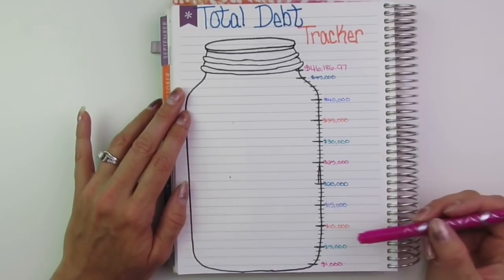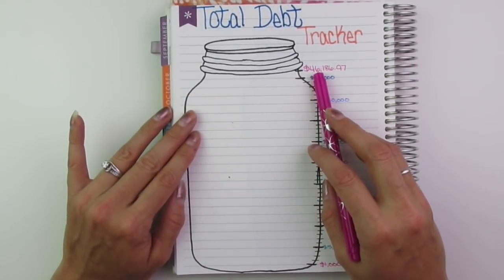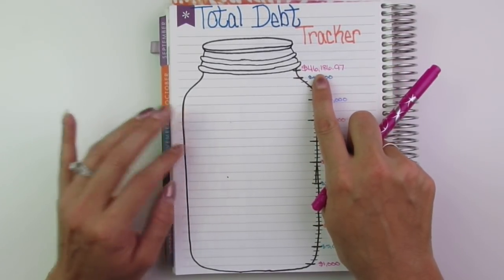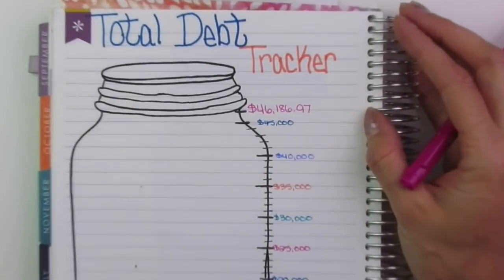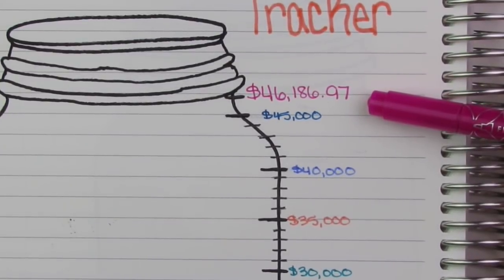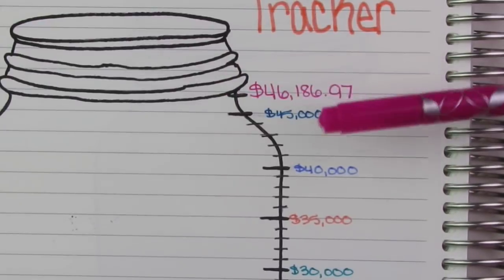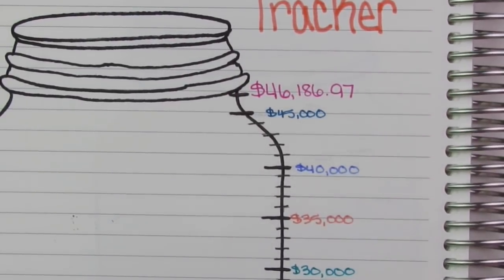So to start, as of this morning, I had $46,186.97 in debt to my name. So that is obviously where the top of the mason jar will be, that debt amount.